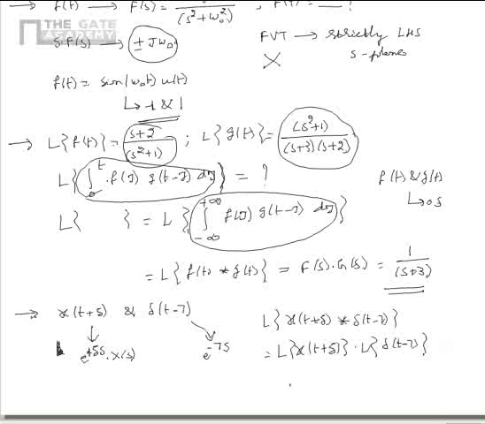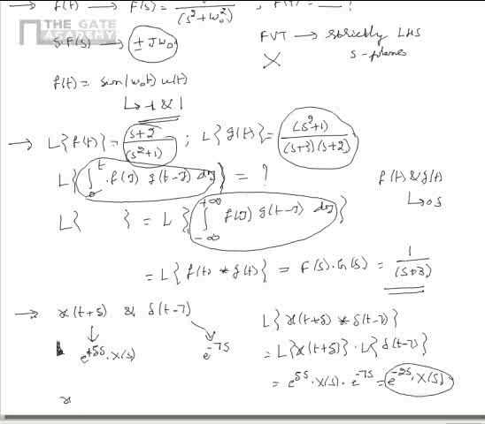So this is equal to e power 5s into x of s multiplied by e power minus 7s. This is equal to e power minus 2s into x of s. So this is the Laplace transform of the required result.